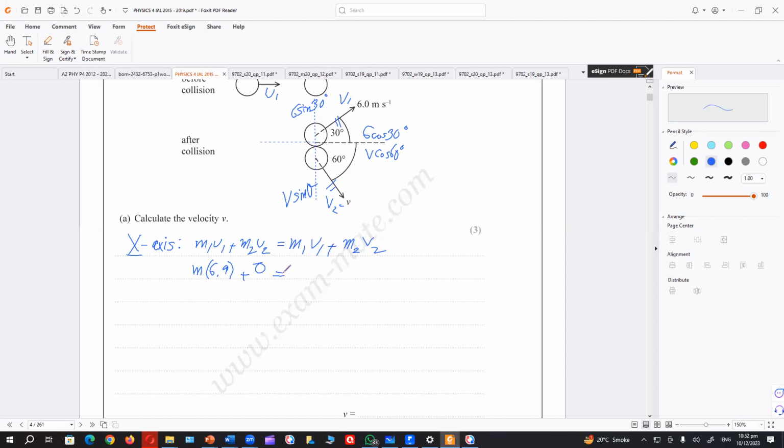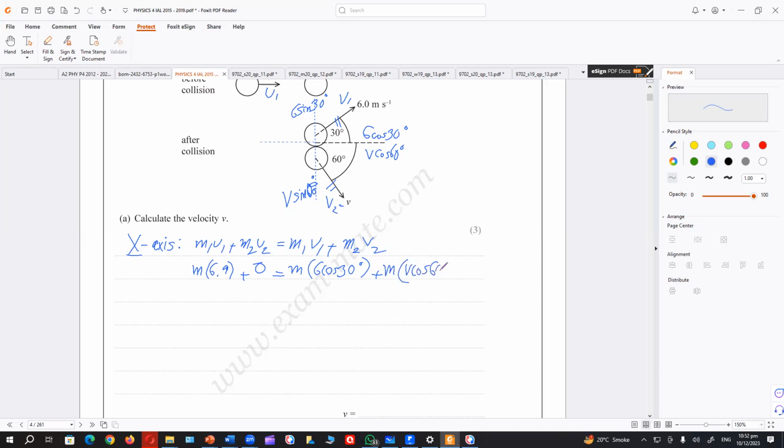I'm working on the x-axis. So M1 would be M, and then V1 would be 6, and then M2 would be M again, plus M V cos 60. This mass, which is V2, is V. Wait, so do we take cos or sine?